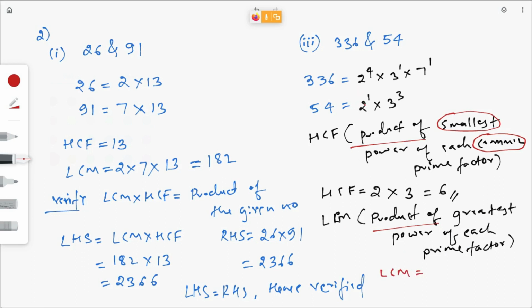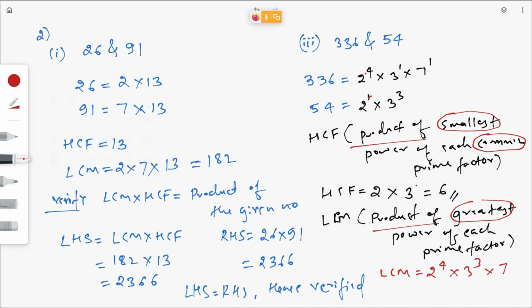Start from 2. To find the LCM we should take the greatest power, so that is 2 raised to 4, into 3 raised to 3. Any doubts? After that we should take 7, because we need each prime factor, common is not required here, so again into 7.